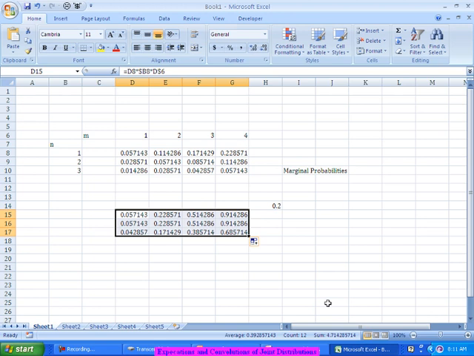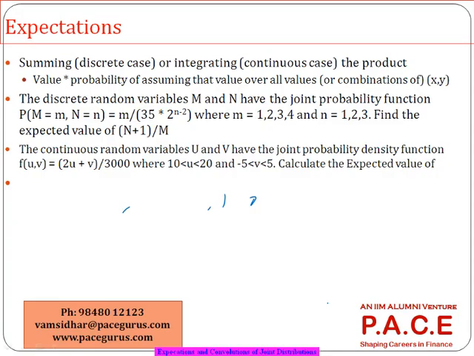Here also we are multiplying the product of the individual values with their corresponding probability, and you are doing the summation. So even in the continuous case, we have to do the same kind of logic.